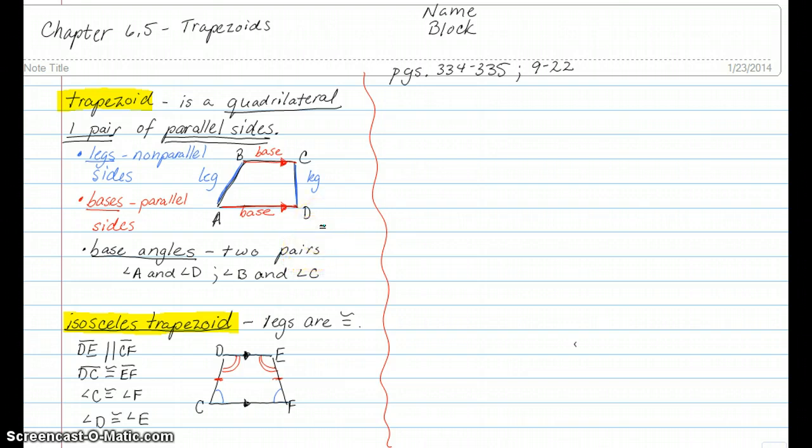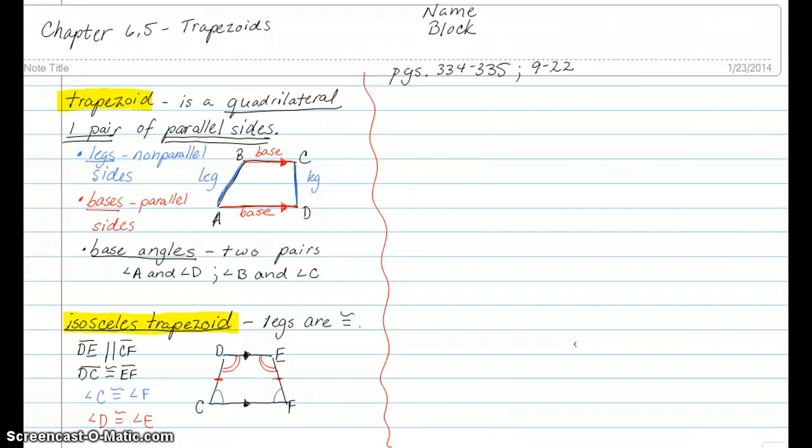Now we're going to talk about special trapezoids, which are isosceles trapezoids. In an isosceles trapezoid, the legs are congruent, just like an isosceles triangle, two sides are congruent. The legs are the two non-parallel sides of a trapezoid.